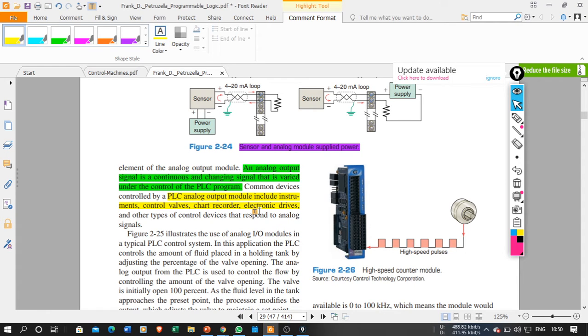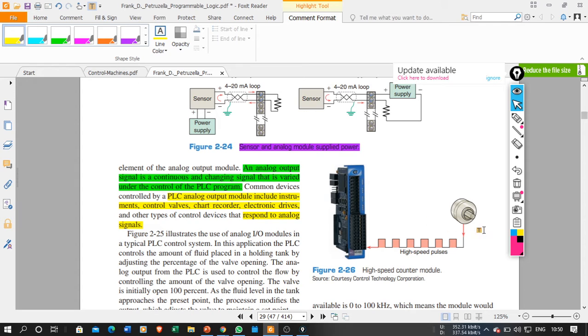These electronic drives are normally used for controlling AC machines and similar things. Nowadays these are commonly VFDs, variable frequency drives, and come under this also. So the PLC analog output module includes instruments like control valves, chart recorders, electronic drives and other types of control devices that respond to analog signals.